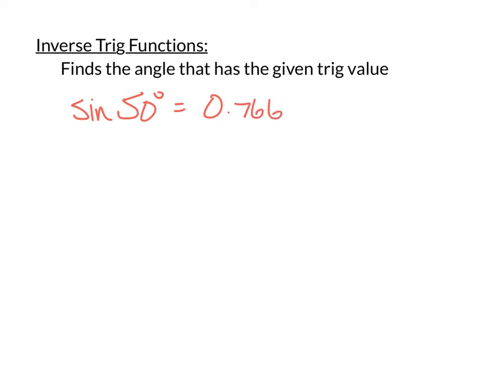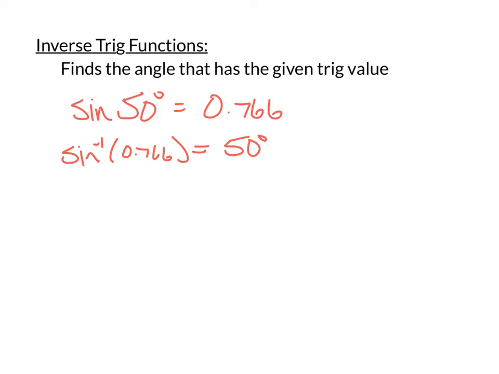Now, what the inverse trig function does is it finds the angle that has the given trig value. So we have two ways that we can write an inverse. We can say inverse like this, sine to a -1 power. But it would be the sine of 0.766 is going to equal 50 degrees.